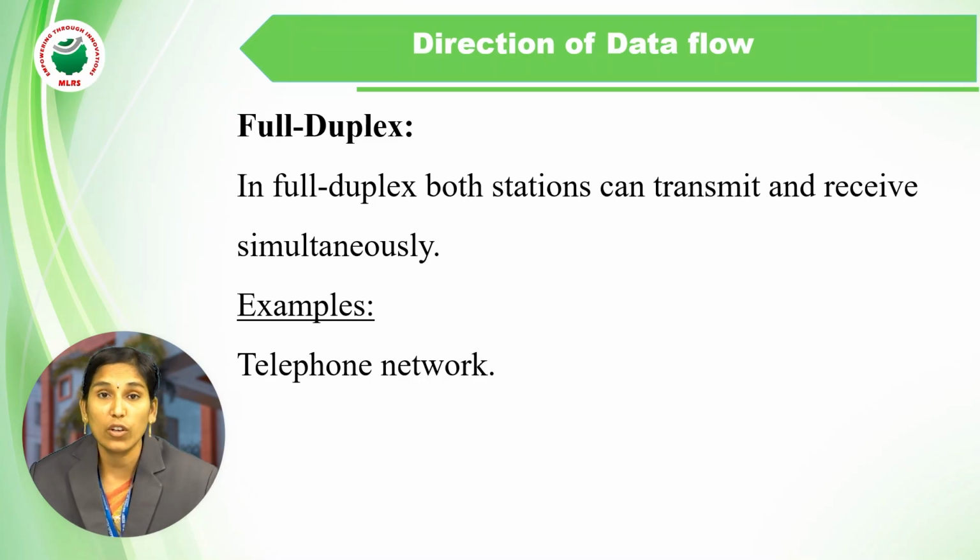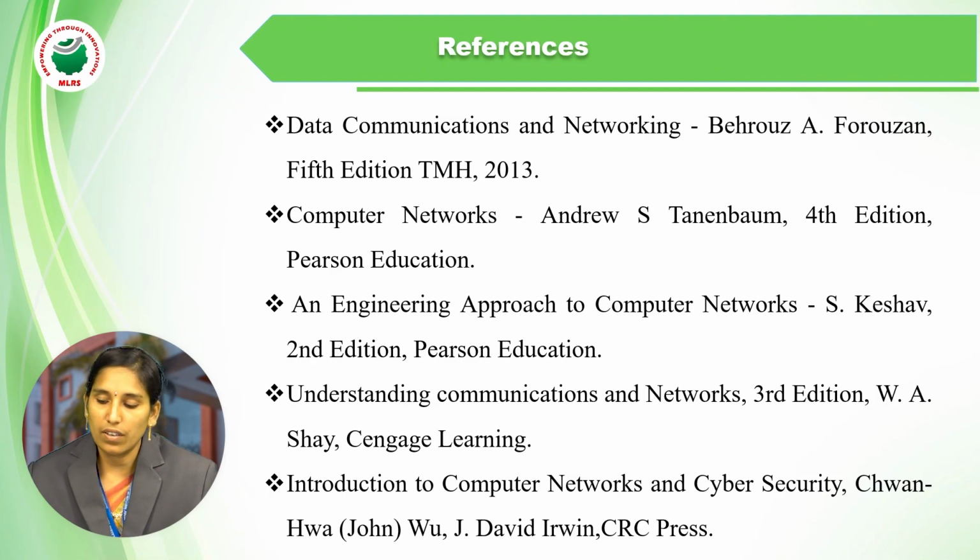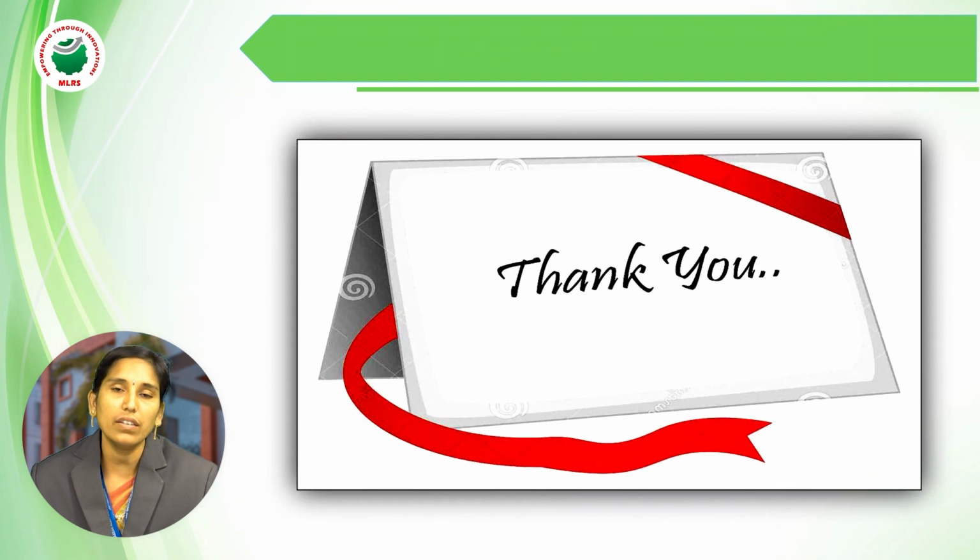In the telephone network, we use mobiles and telephones, etc. In telephones, the sender is there and the receiver is also there. Two persons are there, and these two persons can talk at the same time. So that is called full duplex mode. So these are the references of the topic, that means these are the books, and thank you.